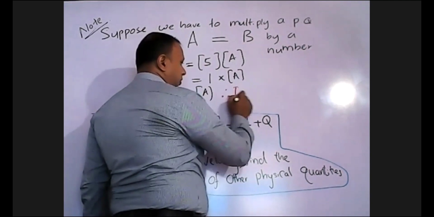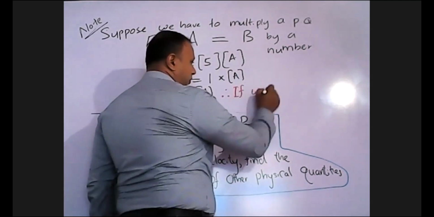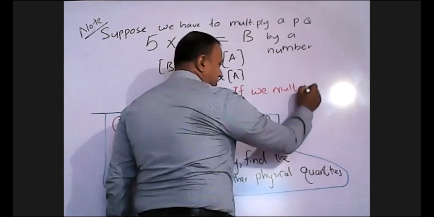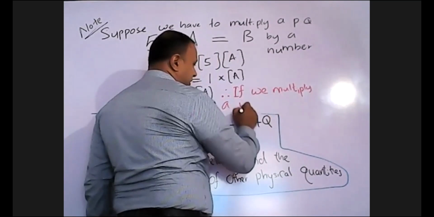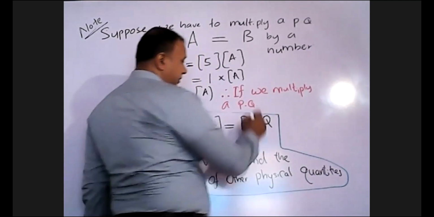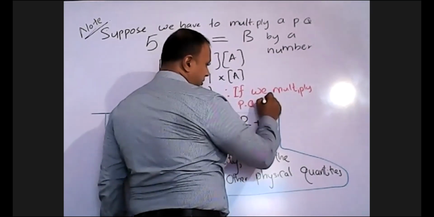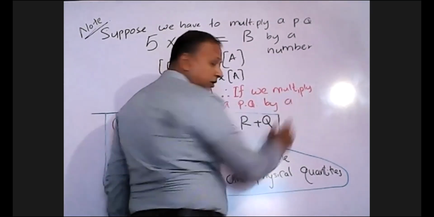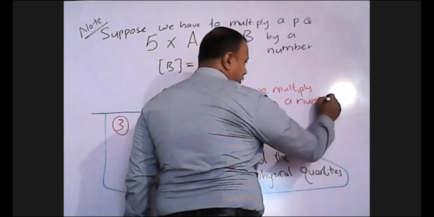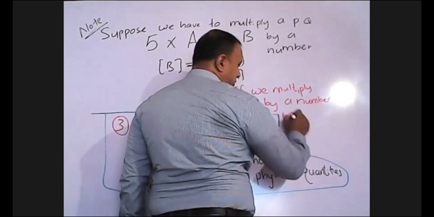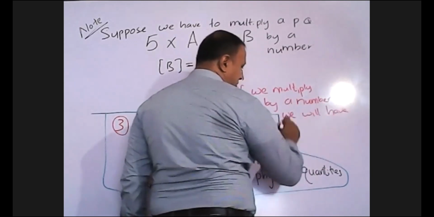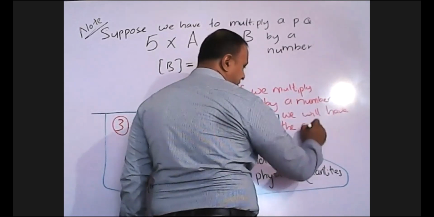Therefore, if we multiply a physical quantity (PQ means physical quantity) by a number, we will have the same physical quantity.